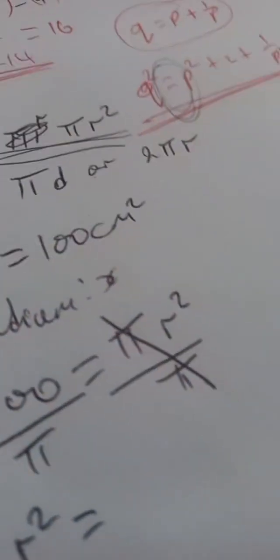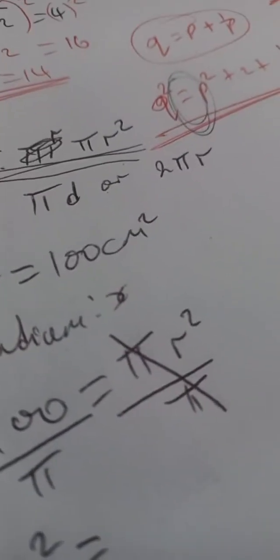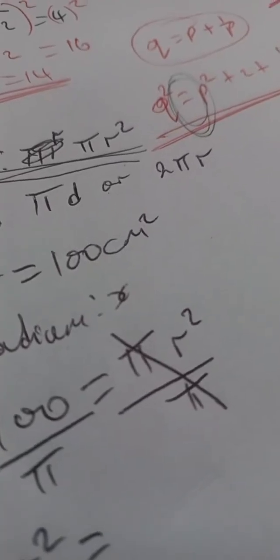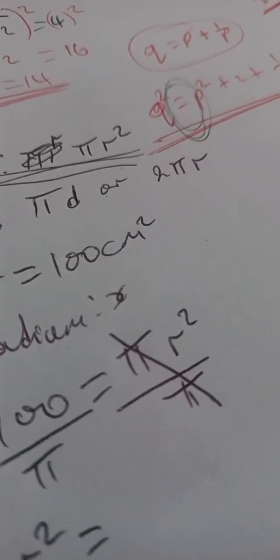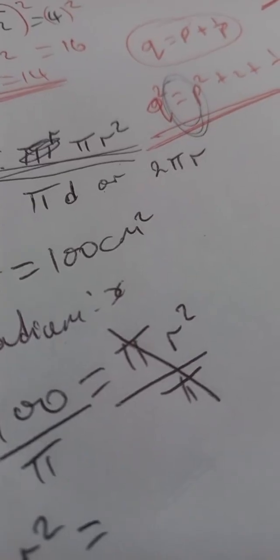Right. Where were we? 100 divided by pi, that's r squared, right?